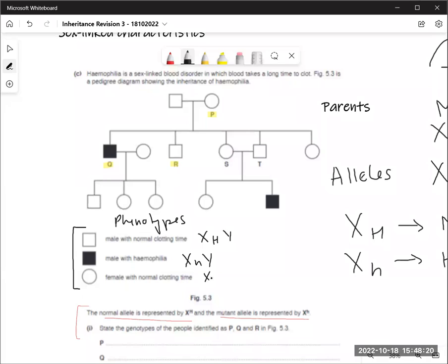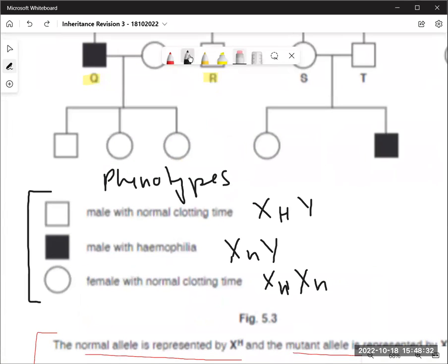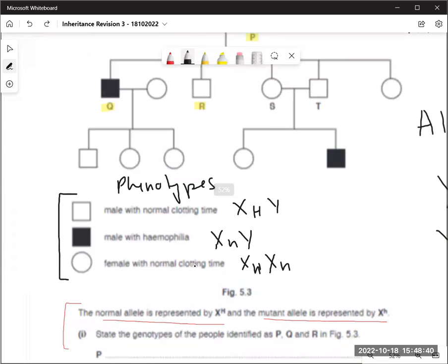Sir, phenotypes are the physical features of an organism. Physical features of an organism. Perfect. So this is what you're seeing here. This is the physical feature, that this male has normal clotting time, this has hemophilia, this female has normal clotting time. So this basically means what they are in the physical sense, what you see in reality.